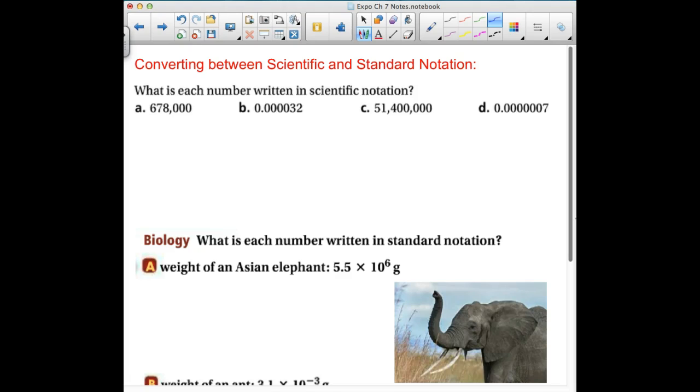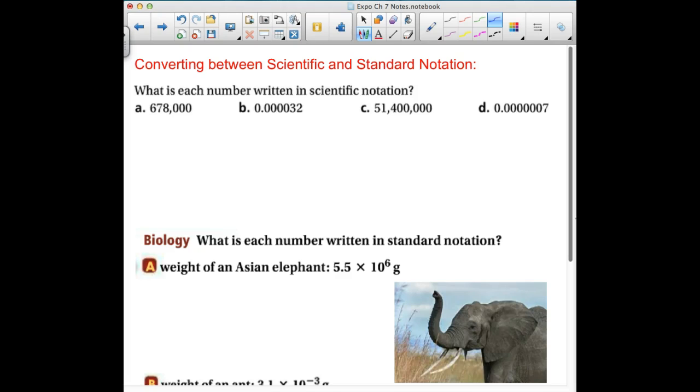All right, now, how do we go back and forth between scientific and standard notation? The first ones here are all in standard notation, decimal form. We want to put them in scientific form. We have some large numbers and we have some very tiny numbers. The first one's fairly large, 678,000.